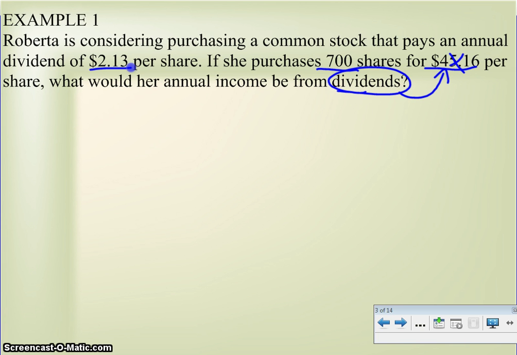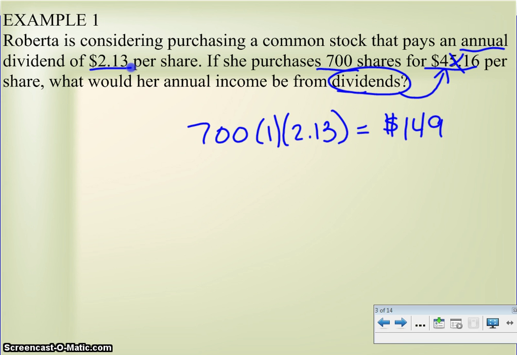The only thing I need to know is the number of shares she had, which was 700, how often she's going to get this dividend, which is annually, which is once, times how much she's going to get for each dividend. Well, anything times 1 is 1. So 700 times 2.13 looks like Roberta is going to get $1,491 in annual dividends.